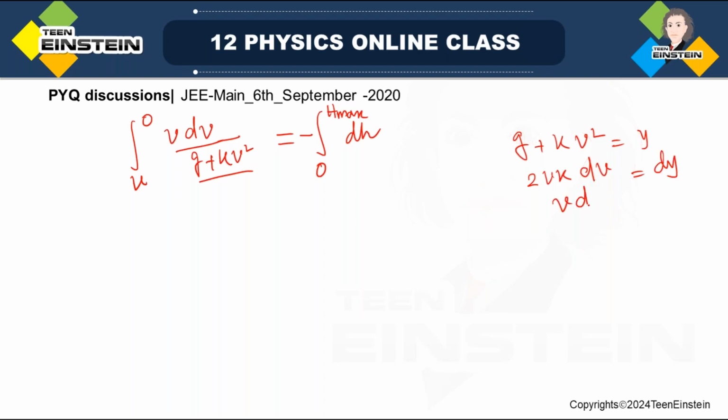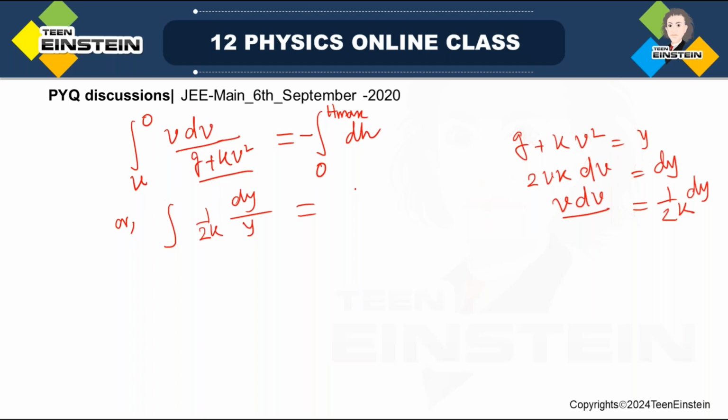So we have v dv is equal to 1 over 2k dy. I'll do the integration first, and then after putting y to be this, I'll put the limits. So I have changed the parameters: v dv is equal to 1 over 2k dy.